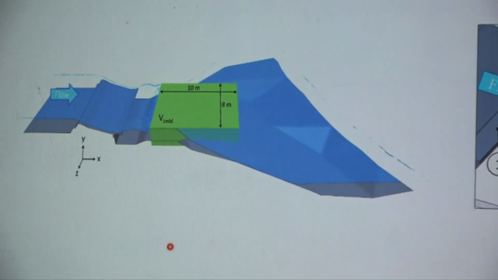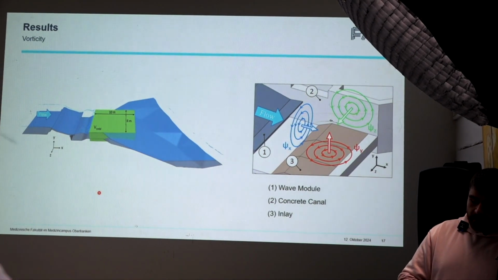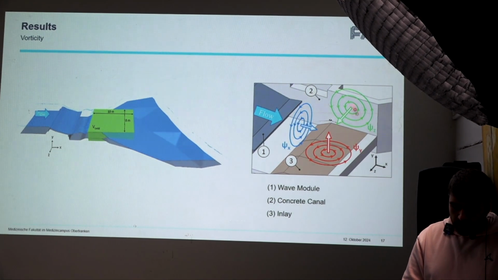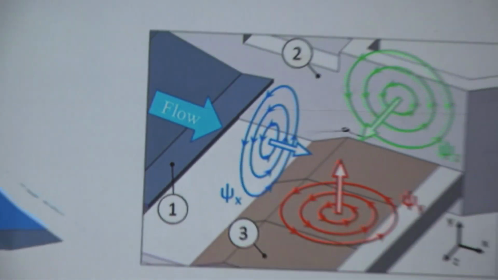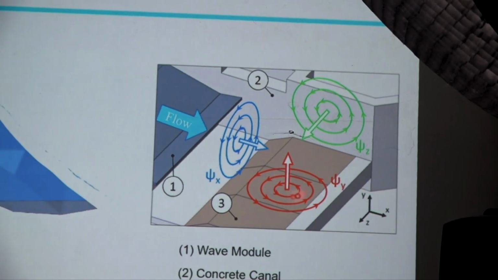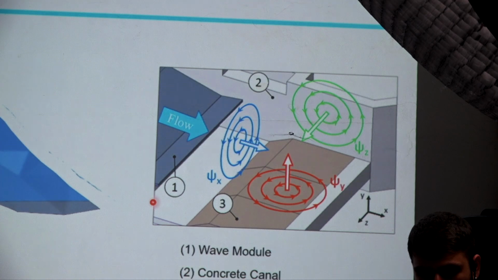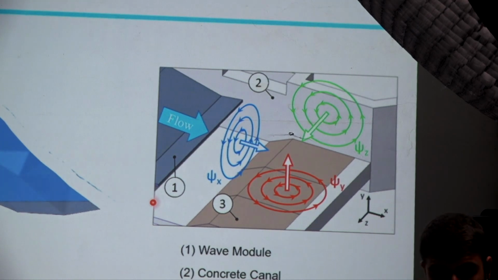The vorticity essentially indicates the power of a vortex, and looking at the image here on the right side, we can calculate 3 different vorticity components: in x direction, in y direction, and in z direction. The z direction vortex is the most interesting for us, as it represents the backflow we aim to minimize.